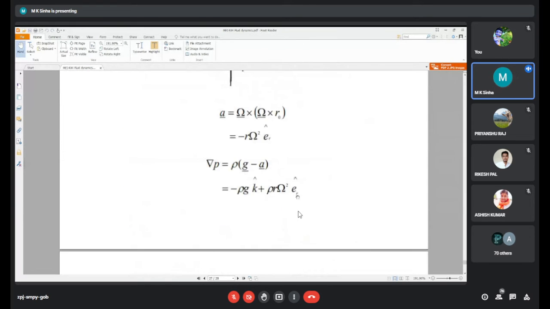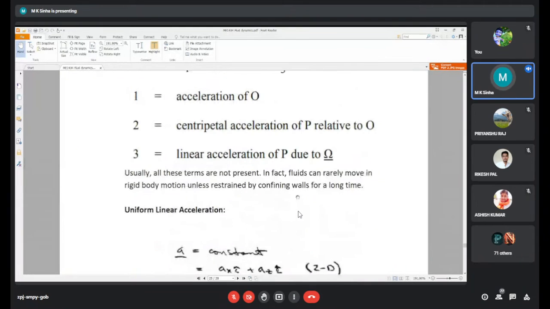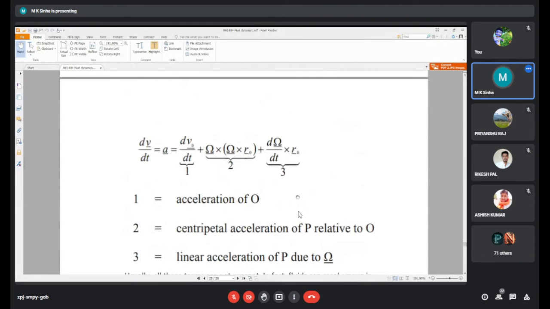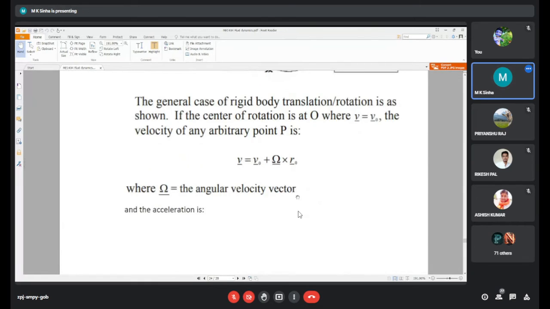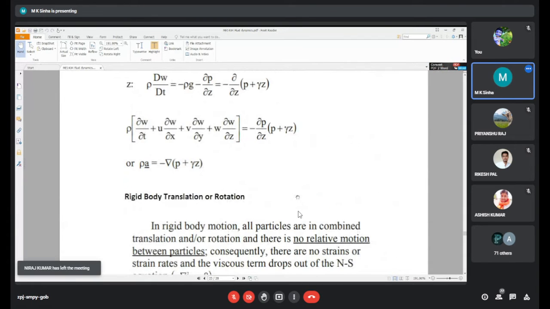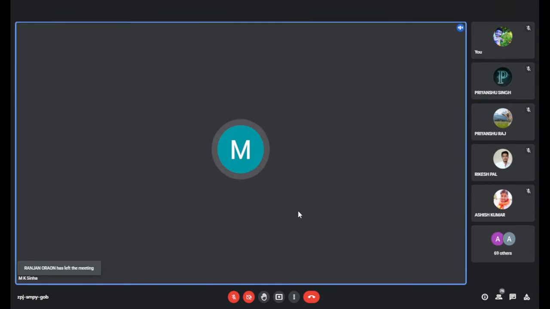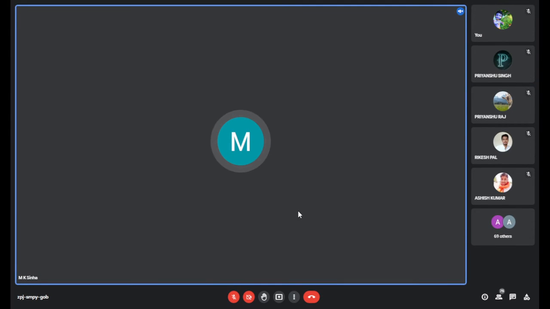Am I right? The importance here is that rotation of any fluid element in a container makes a parabolic profile. Then, for translation and rotation, rho A equals minus del P by gamma. So this is some idea regarding fluid mechanics, fluid dynamics.